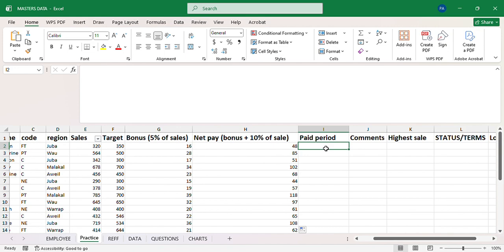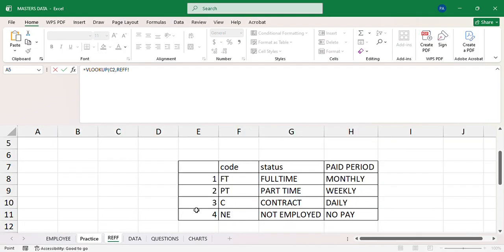So we are going to say equal sign, then VLOOKUP. Our VLOOKUP value is going to be code, because this is what will determine the categories by which each and every employee is going to be paid. Then our table array is here.